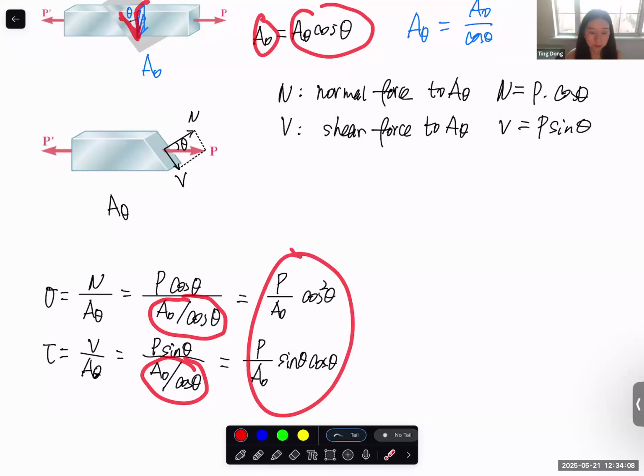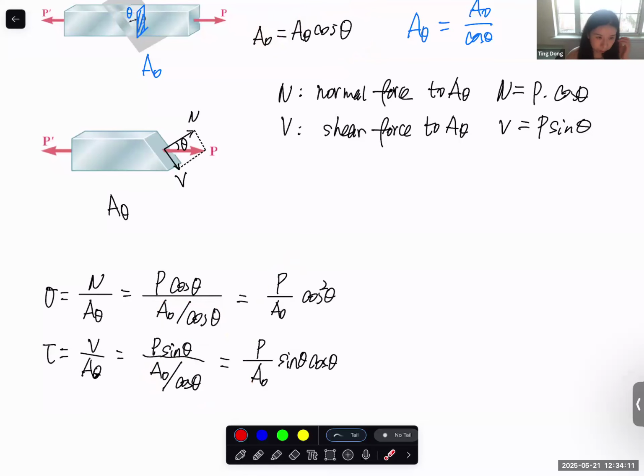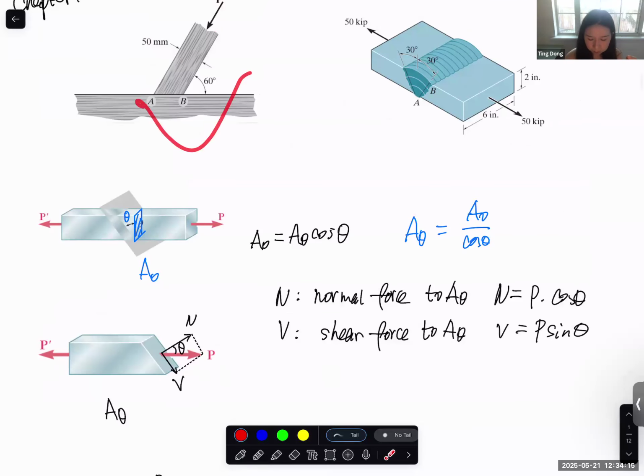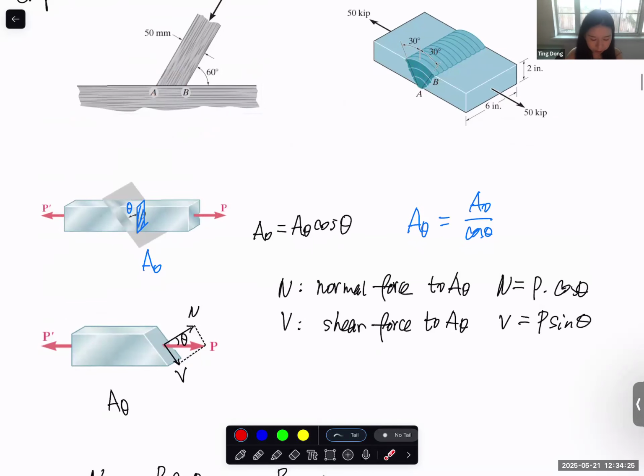This is the equation for finding the normal stress and the shear stress on this inclined plane. And of course, back to the real world application, to decide if this joint will fail or not, we need to compare the actual normal stress on this plane with the allowable normal stress of, let's say, the glue joint, and the actual shear stress on this inclined plane with the allowable shear stress on the inclined plane, to see if it's safe or not.